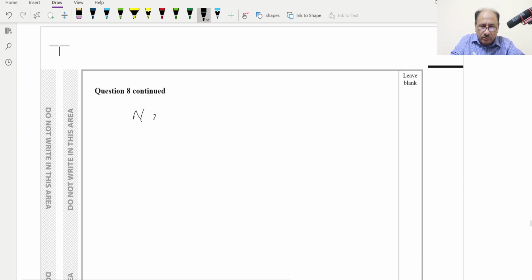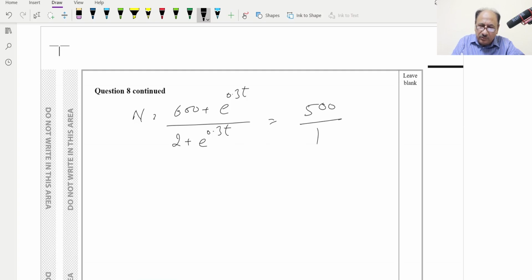N is equal to 600 e raised to 0.3t over 2 plus e raised to 0.3t, and this is equal to 500, so we'll write it over 1 and cross multiply. This will be 2 into 500, which is 1000, plus 500 into e raised to 0.3t is equal to 600 e raised to 0.3t.